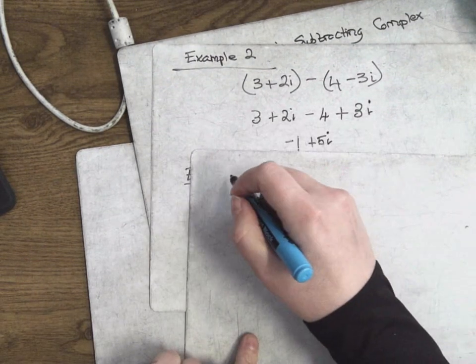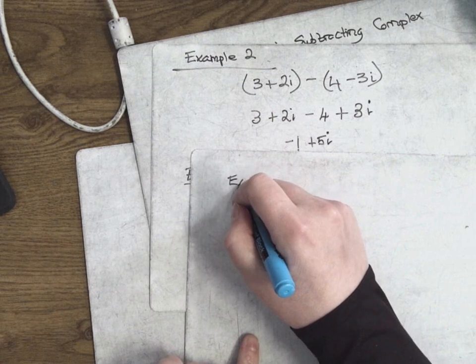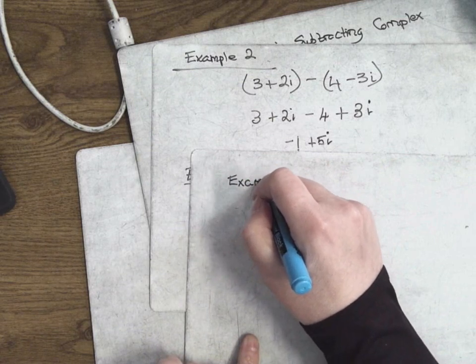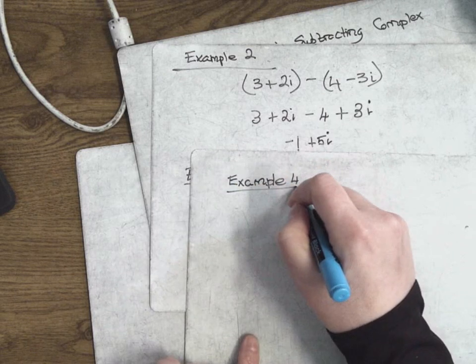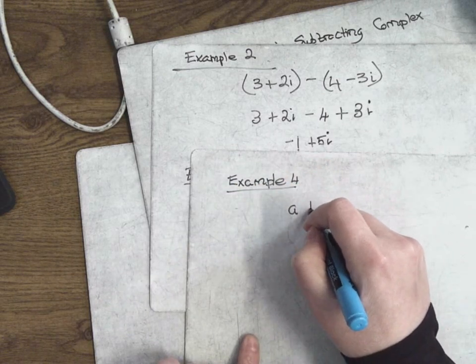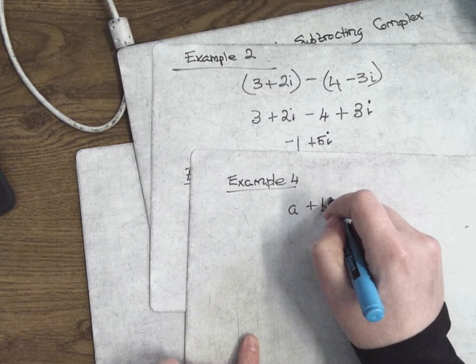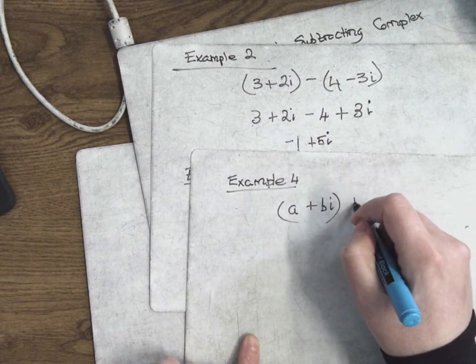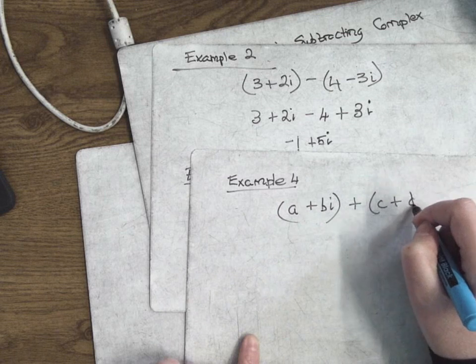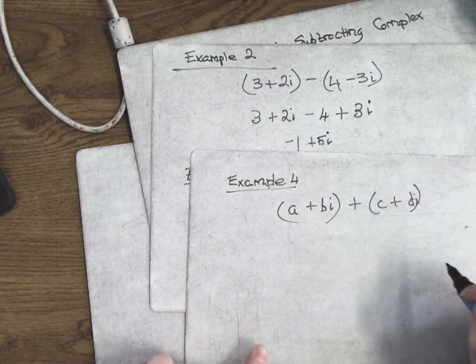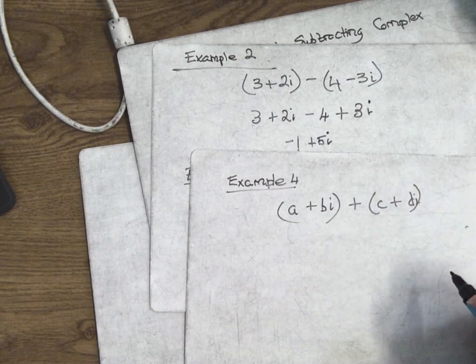What if there was just letters? So, example 4. If I just had letters, so I have A plus Bi plus C plus Di. Okay, is that alright?